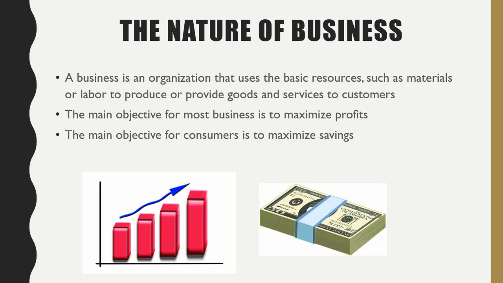But the ultimate goal here, if you look down to the core of a business organization, is that they are in the running to make a profit. They're here to make money. They're here to maximize profits while maximizing savings.